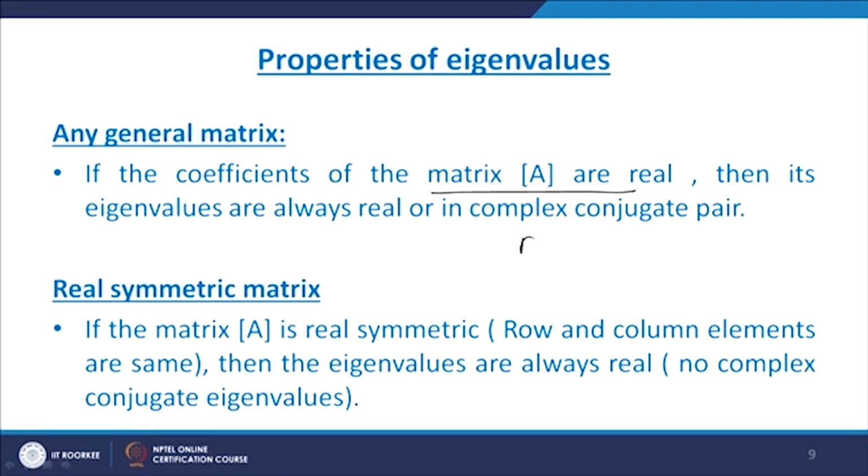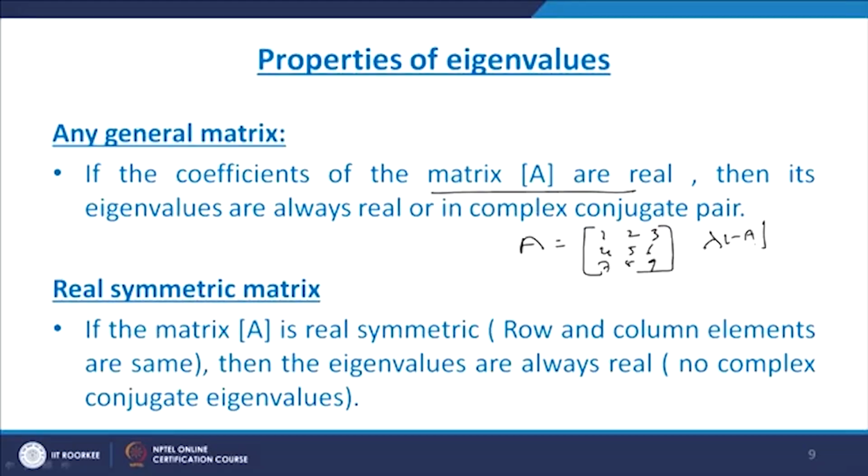That means if A is a matrix with elements 1, 2, 3, 4, 5, 6, 7, 8, 9, and you calculate the eigenvalues of A like this, lambda I minus A, the eigenvalue can lie on the real axis or it may be a complex conjugate. Any possibility is available when a given matrix is real and in general form.